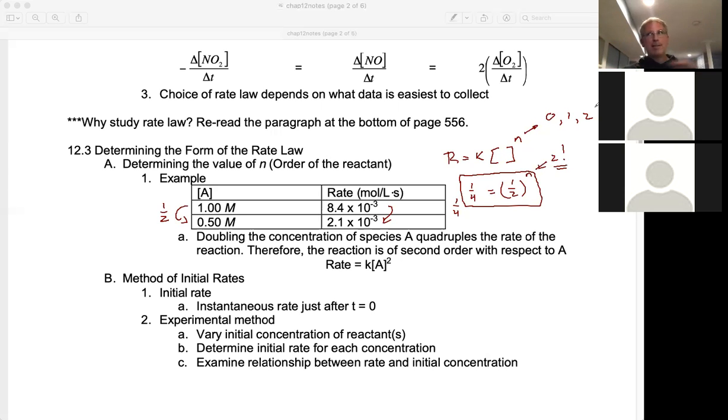But in AP Chem, there are only 3: 0, 1, or 2. And so you need to be able to quickly look at things and say, oh, I just squared that. That's a second order. Does that kind of make sense? Yep. Okay. So they wrote the rate law down here. Rate equals K times A squared. Just like that.